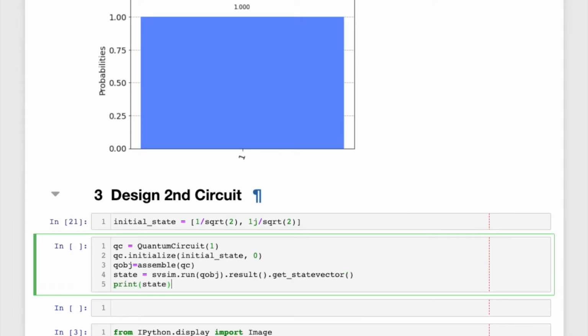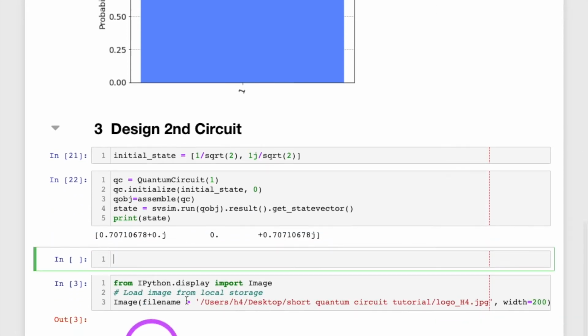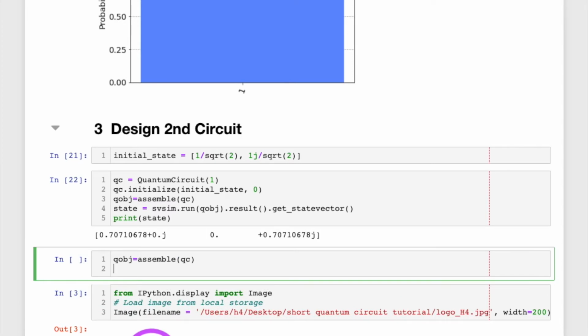So basically the same logic as before, and now we get the state vector as it is described there. And if we now print the state vector probabilities, then we get 0.5, 0.5.